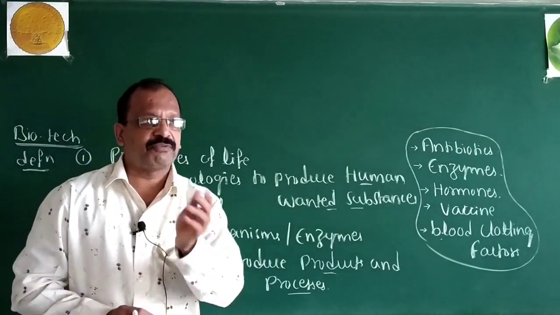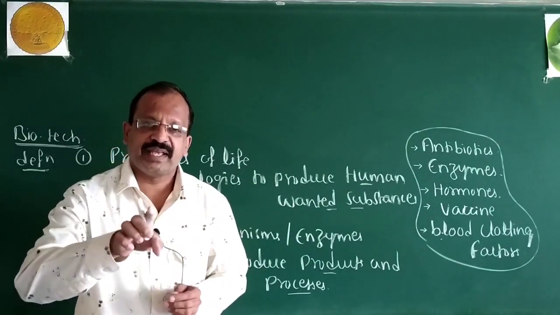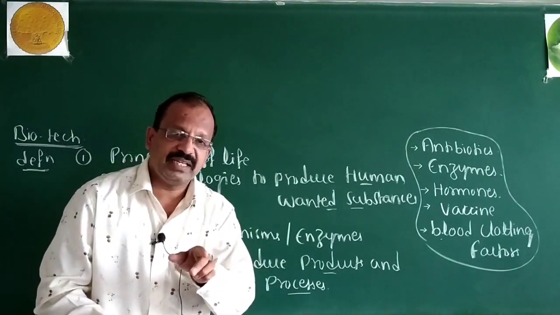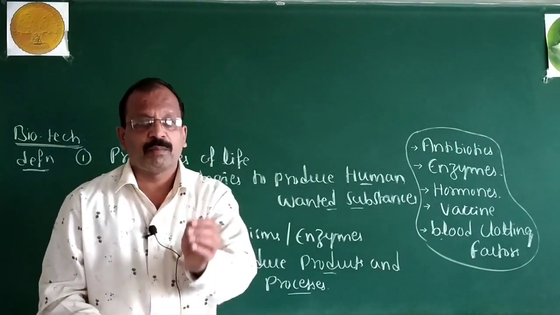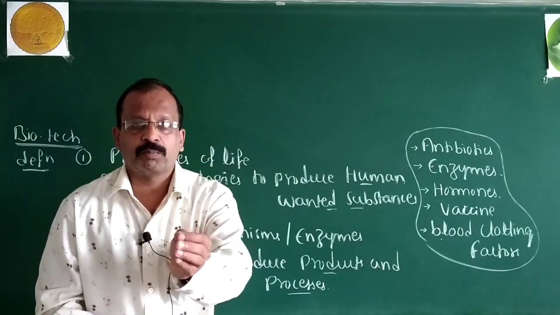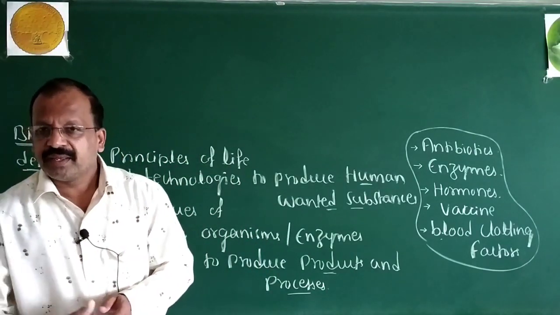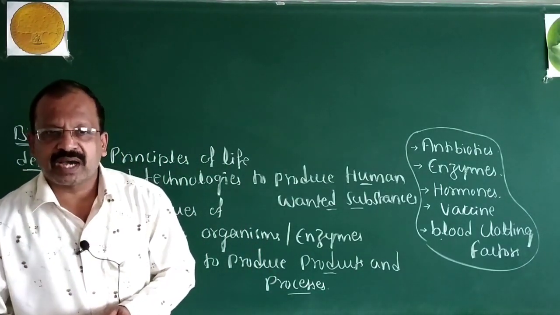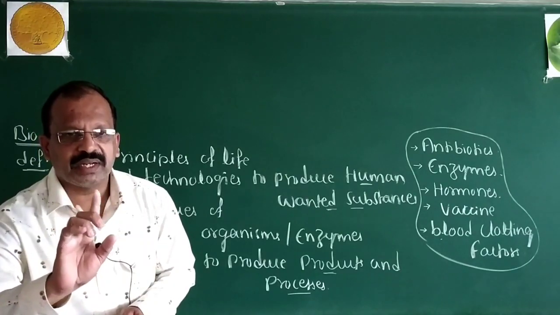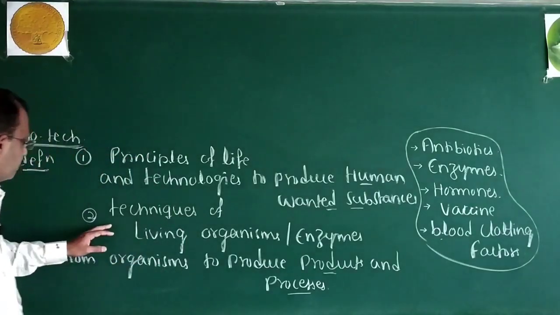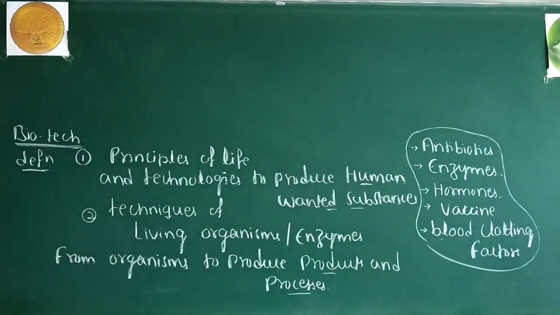In lactic acid fermentation, lactic acid is produced instead of ethyl alcohol from pyruvic acid or pyruvate. For CET purpose, please remember, in lactic acid fermentation, carbon dioxide is not released. I hope the second definition is also clear.